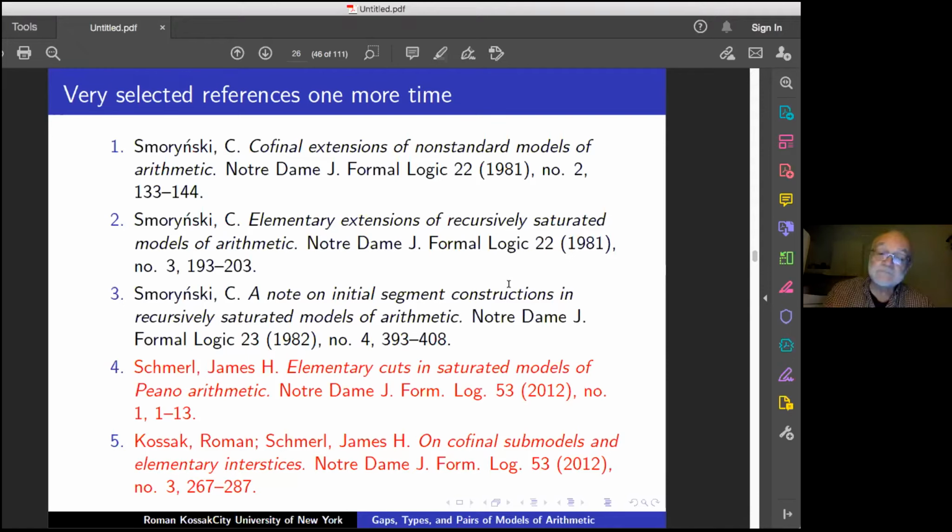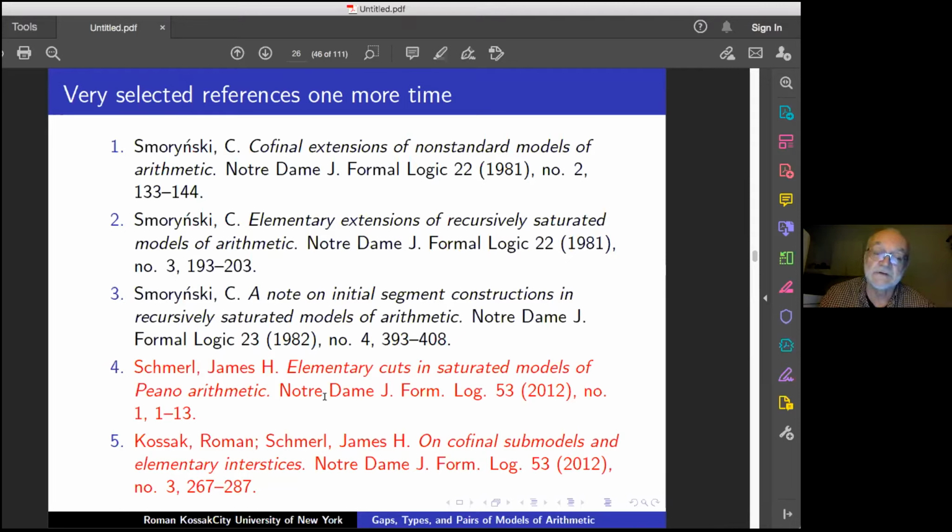So in general, the main theme here will be isomorphism types and first order theories of a model and its cofinal submodel. But those things are all interrelated. In particular, Jim's paper is about elementary cuts.